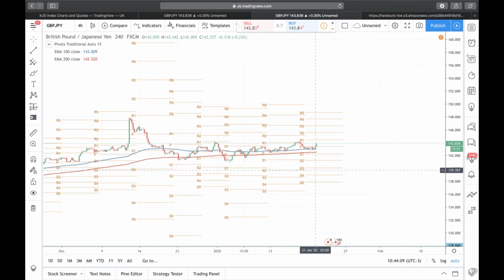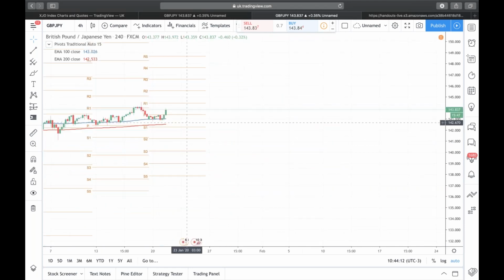And obviously the PMI numbers on Friday will be important. I wouldn't be surprised to see some yen strength coming in, and the pound fading some of that positive sentiment on the wage growth, which is what's been boosting the pound today. So in the broader picture, I favour selling the pound on rallies.